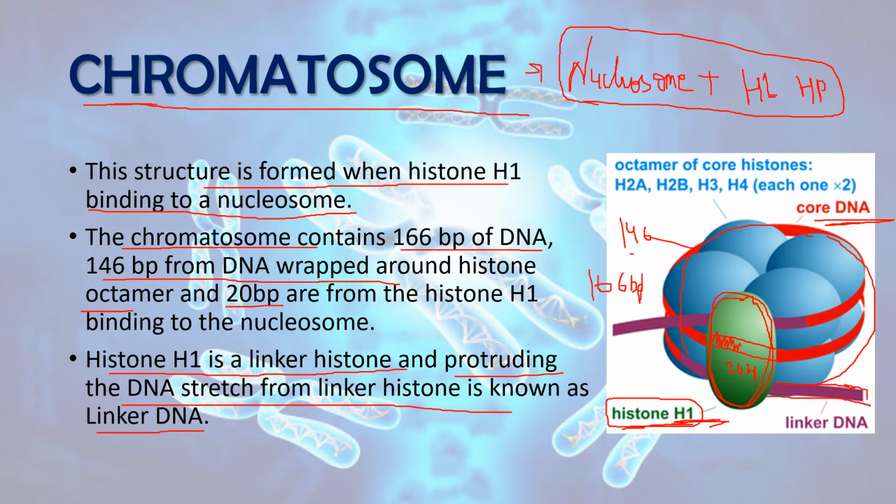This particular structure having nucleosome and the H1 histone protein, which includes the 166 base pair of DNA stretch, is our chromatosome. And from this chromatosome structure, the part of the DNA stretch that comes out from this H1 histone protein is our linker DNA.